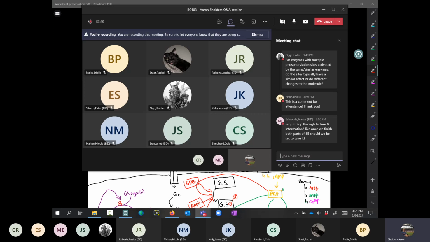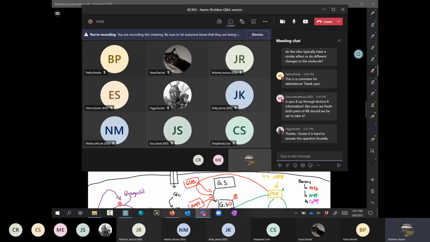So if we go back to this idea that enzymes are more like dimmer switches, phosphorylation can move that dimmer switch up or down based on the types of phosphorylation that are happening. So that is a very context-dependent answer, quite honestly, Hunter. It just really depends on what you're looking at. But I would say generally it's more of a cooperative effect, meaning that the more you get, the greater the effect.